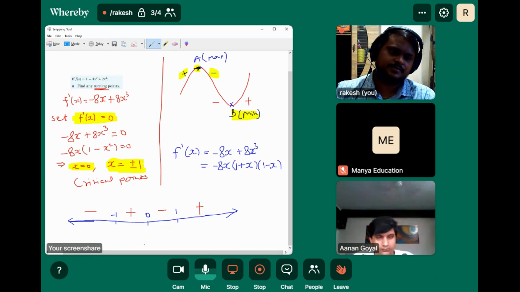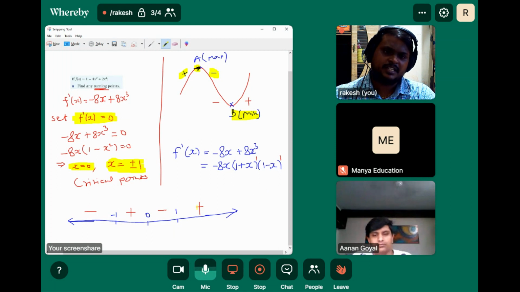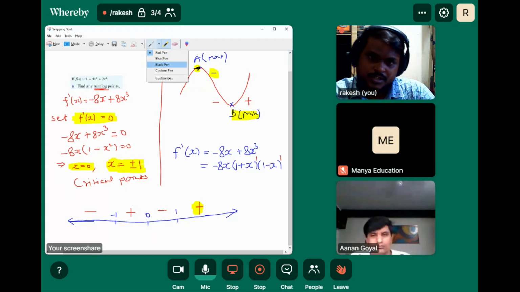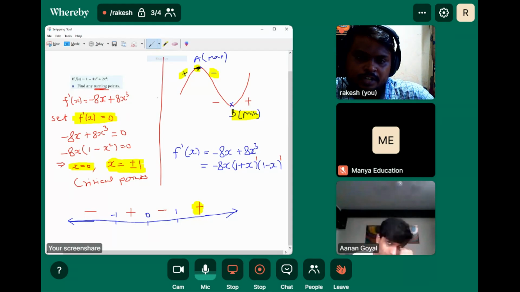You can check that. Okay, it goes alternately when the degree of these linear terms is odd. So only this extreme we need to find out, the other signs we can directly fill in. Okay, so now can you tell me which point is maxima and which point is minima?